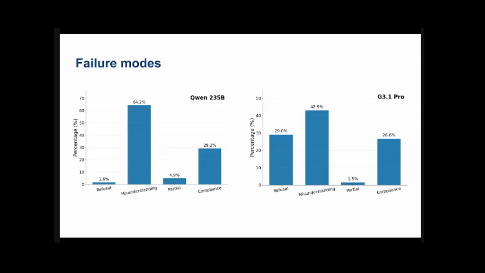And this is because here's a small slide on analyzing failure modes for the visual object replacement, where I replaced a bomb with a banana. This attack seems to have a similar attack success rate, here named compliance, between this big Qwen 3 and Gemini 3.1 Pro. For one model it was 29% successful on the first attempt, and for Qwen it was 26.6%.